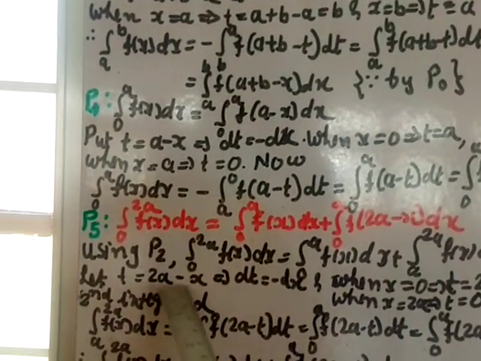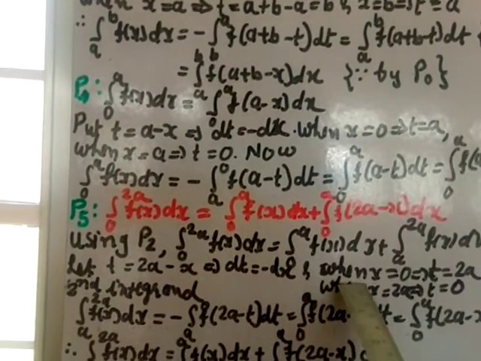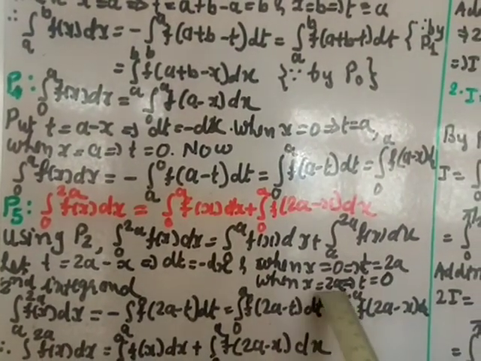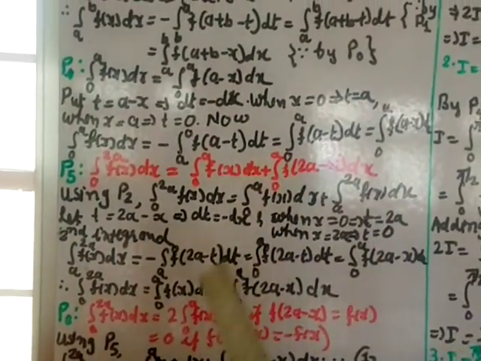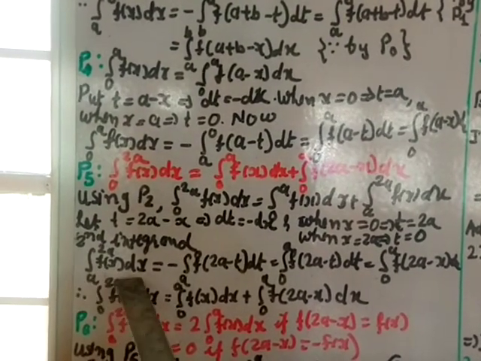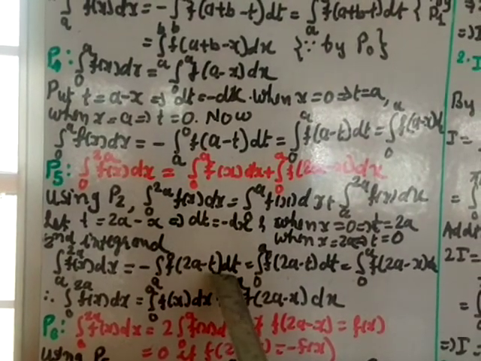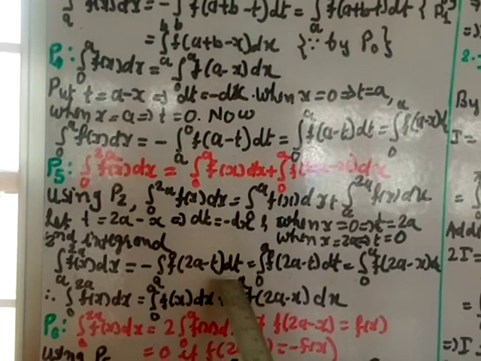Now take t is equal to 2a minus x. This implies dt is equal to minus dx. Change the limit. When x equal to 0, t will be 2a. When x equal to 2a, t will be 0. For the second integral, integral a to 2a fx dx is equal to minus integral a to 0 f of 2a minus t dt. Instead of x, we are putting this value 2a minus t dt.